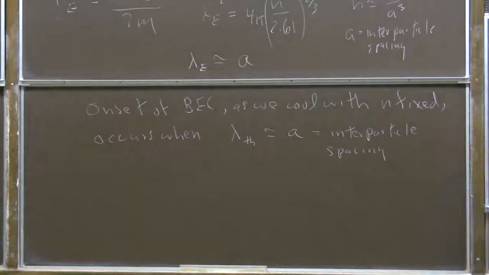So we're very far from the classical situation where we can think of the particles as being point-like classical objects. Their wave nature, their de Broglie wavelengths, are important in that regime.